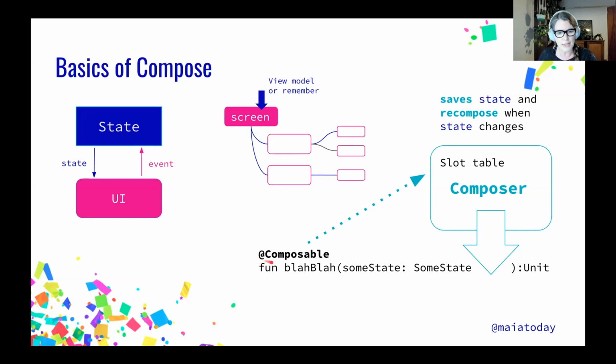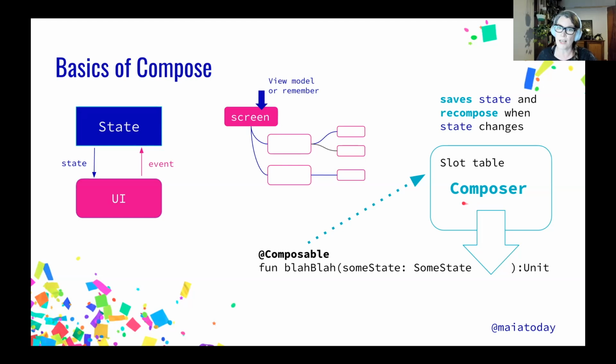So what this looks like is you have a function, some other composable, the state gets passed in, you annotate with @composable. What this means is that there's a compiler plugin, and it will insert this composer into the composable. So each of these composables have access to this composer.